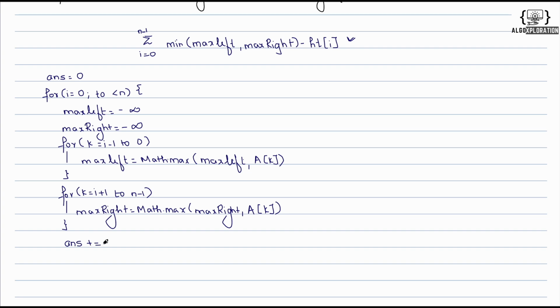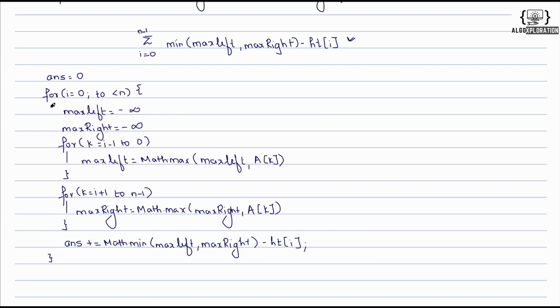After finding max left and max right, it will be simple. Now answer plus equals Math.min(max left, max right) and subtracting height of i.